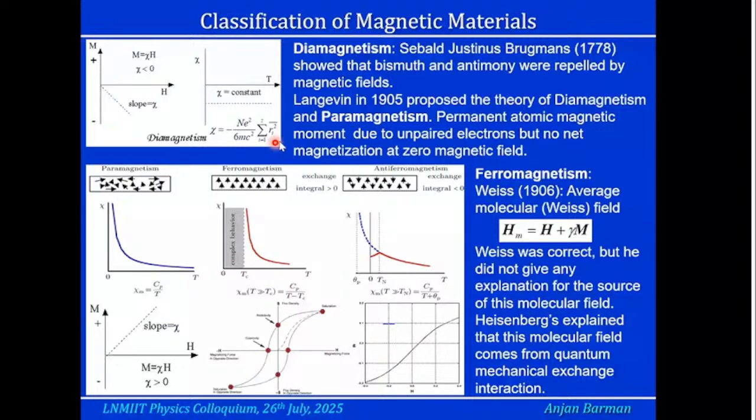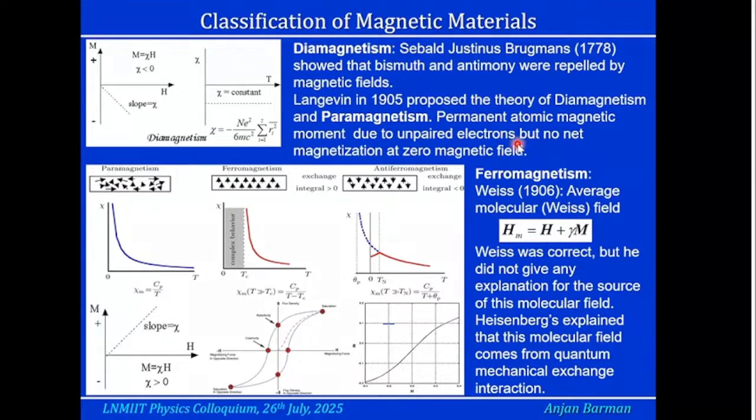Paramagnetism is another kind of magnetic property which was discovered after diamagnetism. Here the spin angular momentum plays a role, the spin moment. You need to have an atomic magnetic moment due to the unpaired electrons at the outer shell.